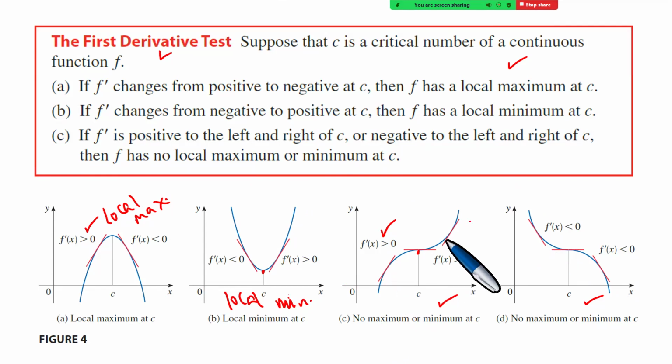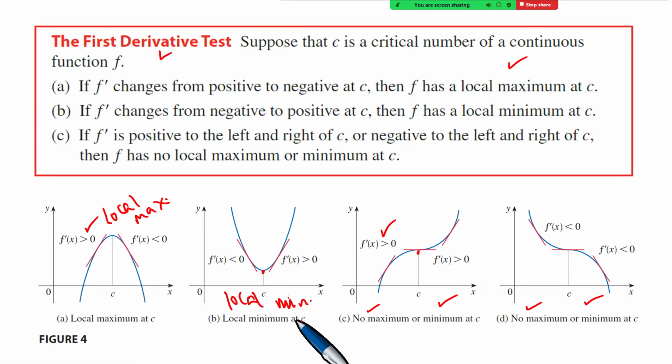Positive to the left, positive to the right, negative to the left, negative to the right. Because of this, we are able to determine that this function f we're investigating has no maximum or minimum at C.